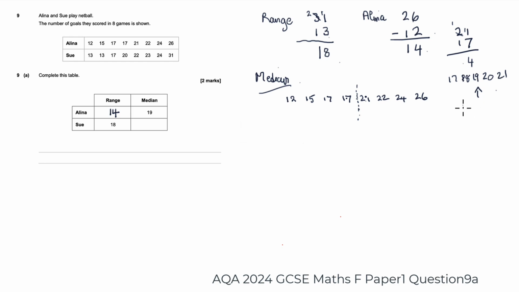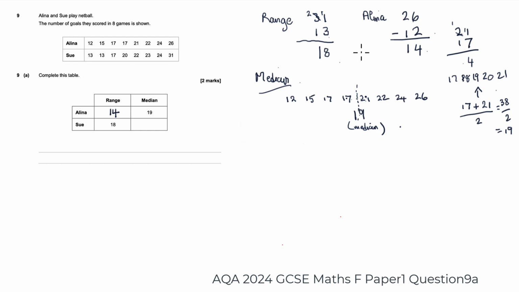Another way of getting that number would be adding the 17 to the 21 and halving your result. Add 17 and 21, you'll find you get 38. And a half of 38 is 19. So that's the number halfway between 17 and 21. And that is the median.